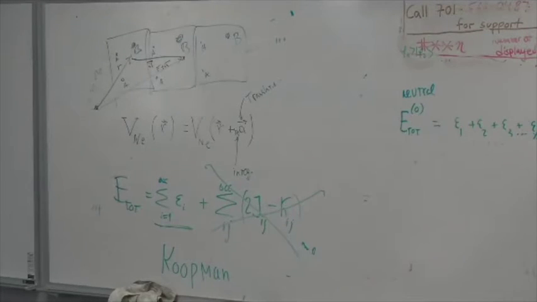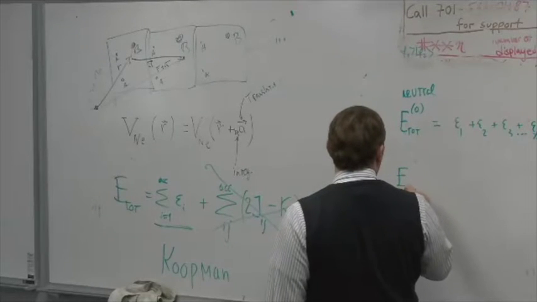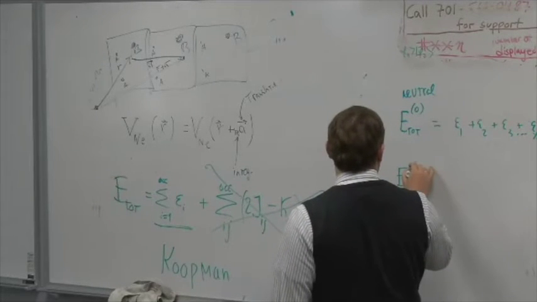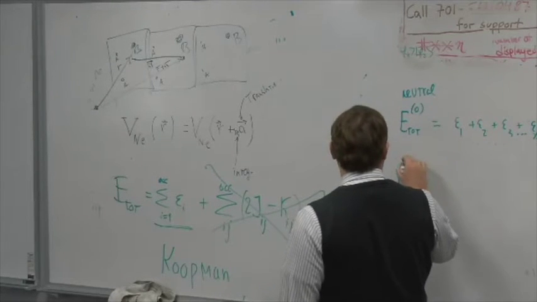So all orbitals up to the highest occupied molecular orbital. What will be the total energy of the anion?